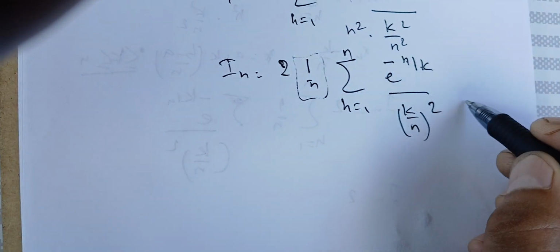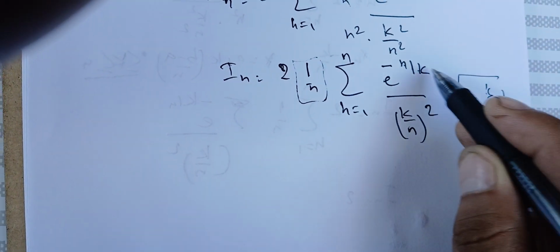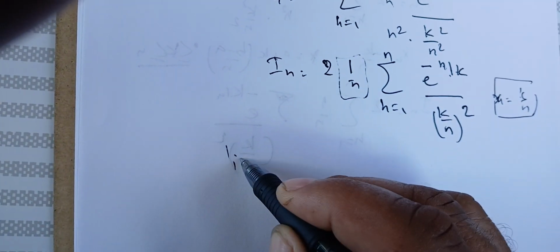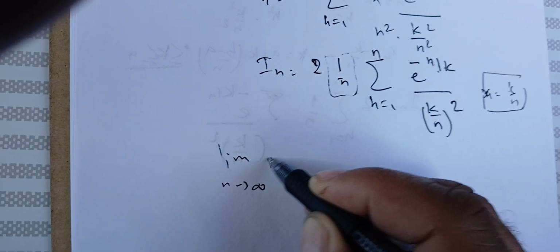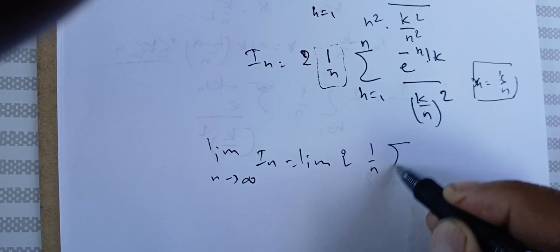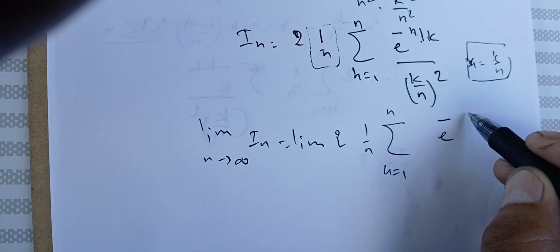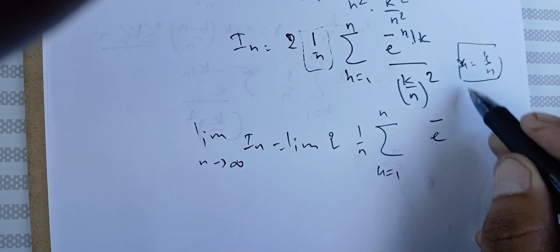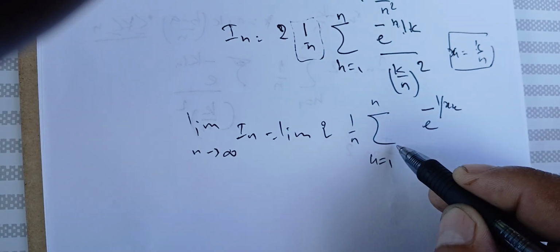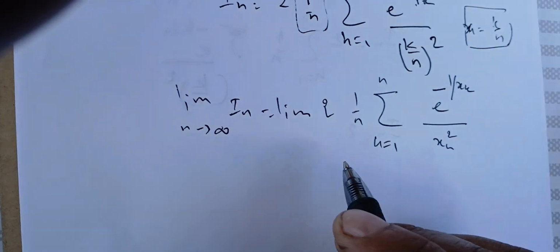So if we let x_k be k over n, then the exponent is minus 1 over x_k. So the limit as n goes to infinity of I_n is going to be the limit of 1 over n, the sum from k = 1 to n, of e^(-1/x_k) over x_k squared, where we call this one x sub k.